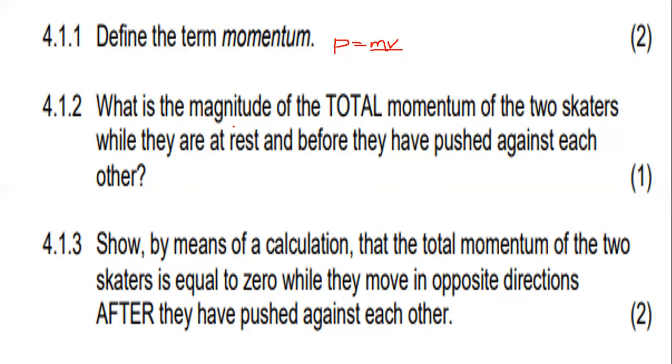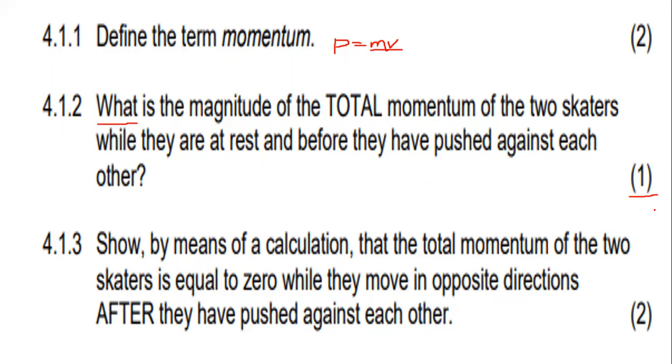Then we are asked, what is the magnitude of the total momentum of the 2 skaters while they are at rest and before they have pushed against each other? Now, this question is for only a single mark, and we are asked, what is? So immediately when they ask us what is, and we check the allocation of marks, it automatically tells us that we actually don't need to perform a particular calculation.